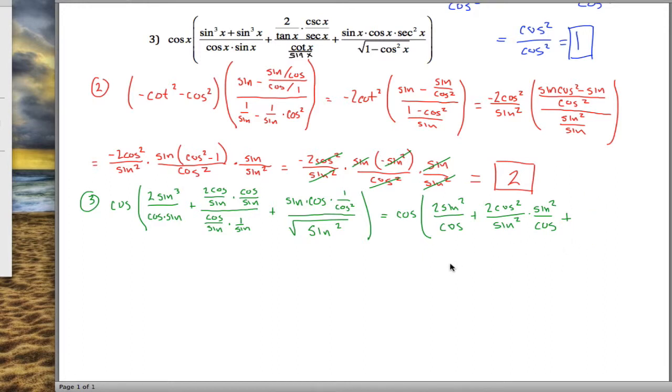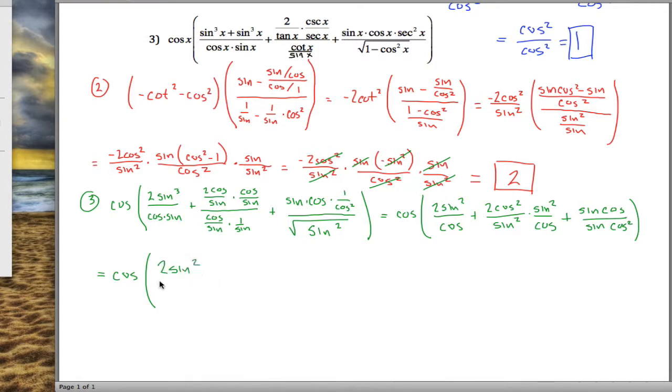Okay, I should be more careful if I'm going to screw it up. Sine and square root of sine squared cancel. And then I have, I'm going to write it. Get to there. Might be one more step than I need to show, but whatever, could help some people.